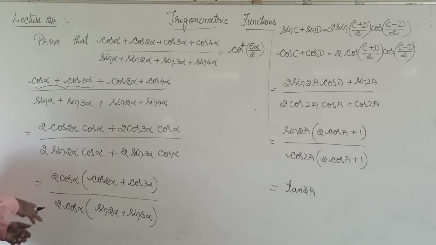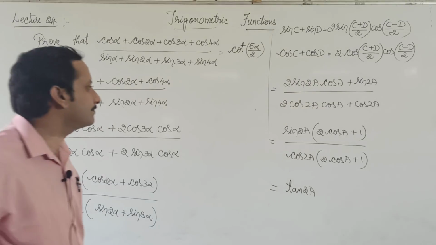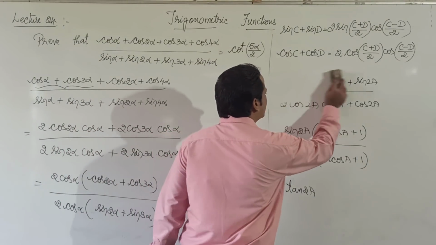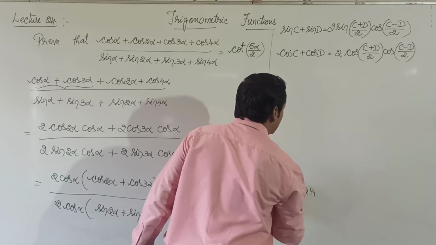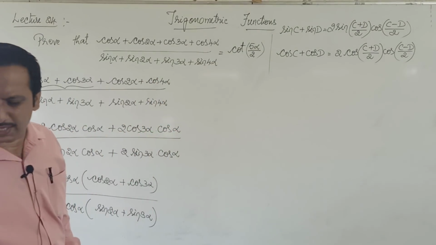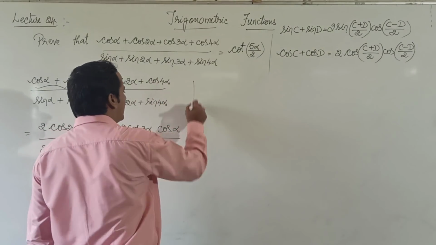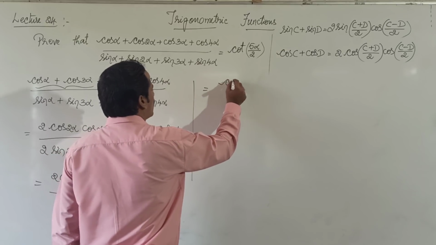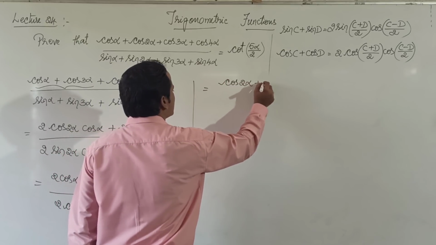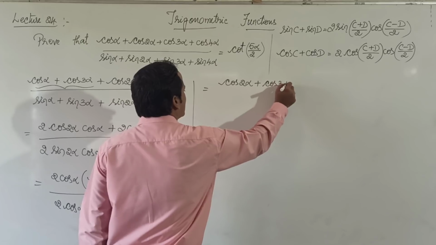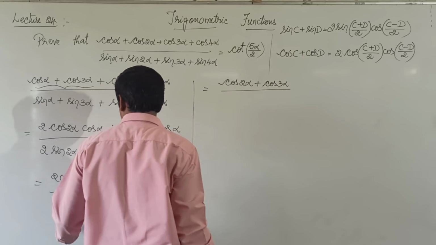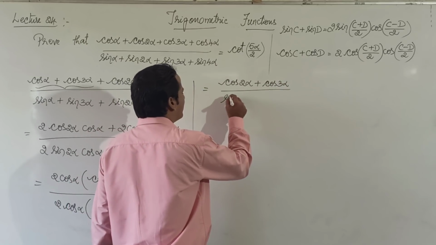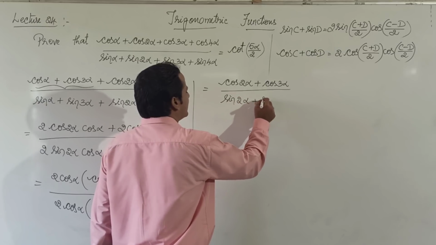Okay. So now this 2 cos alpha gets cancelled. So we have cos 2 alpha plus cos 3 alpha divided by sin 2 alpha plus sin 3 alpha.